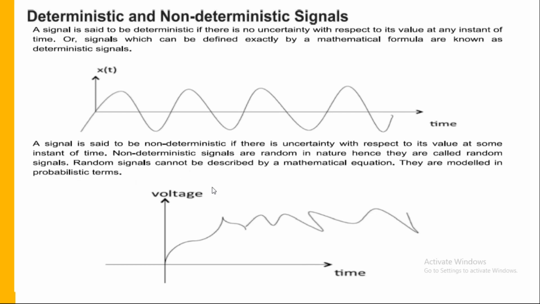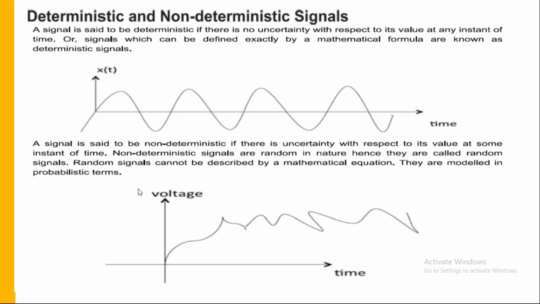Random signals cannot be described by a mathematical equation. They are modeled in probabilistic terms. So any signal which you can't represent by a mathematical equation, such signals you can call non-deterministic signals.